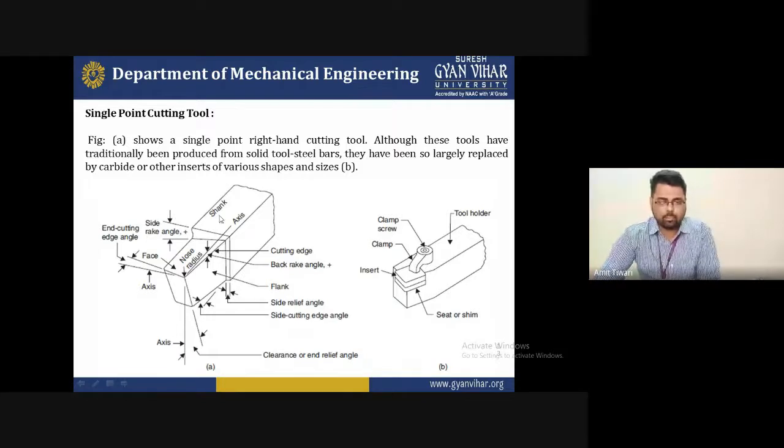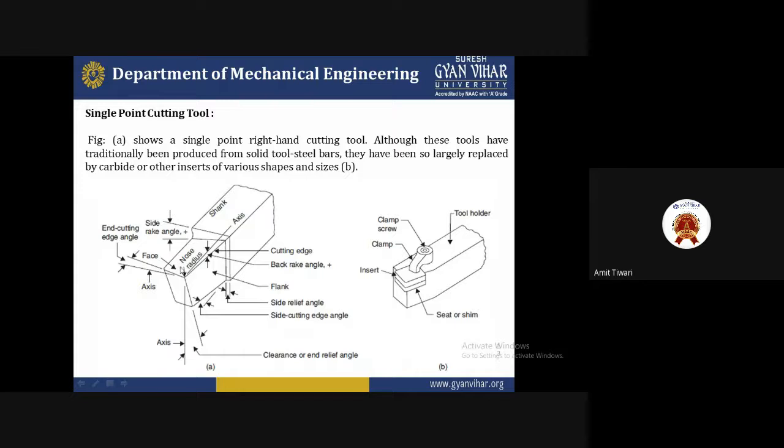This is the shank portion. This is the body, the upper part of the tool. You can see here the face radius, the chip formation area, where the chip slides over the surface of the face of the tool.